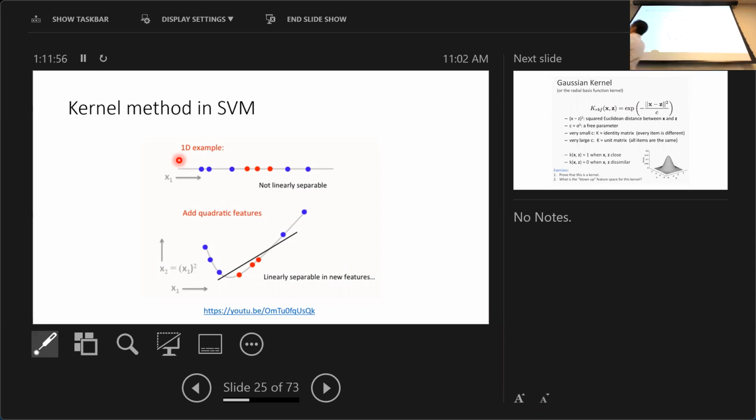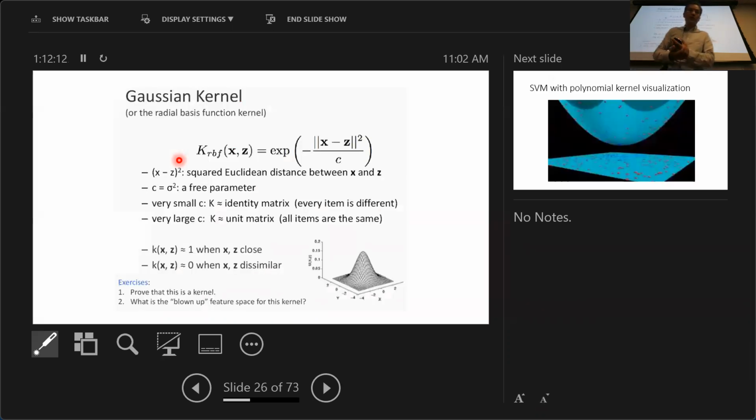So in general, this is a kernel function to help you transform or expand the dimension of the original data and make them linearly separable. The most commonly used kernel function is called the Gaussian kernel. In this case, it uses the distance between x and z.